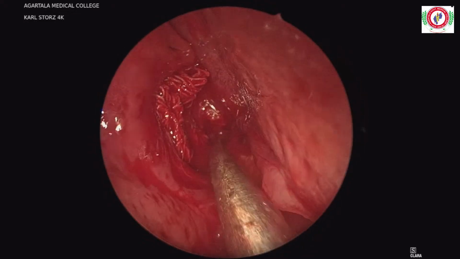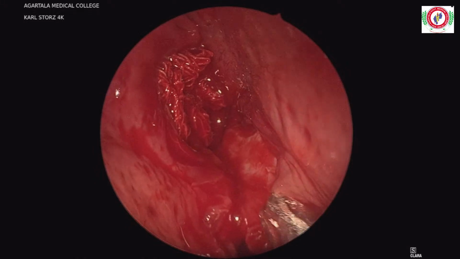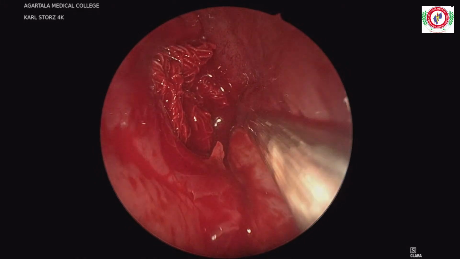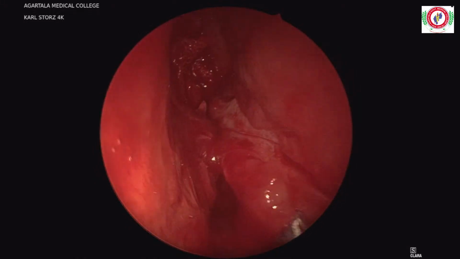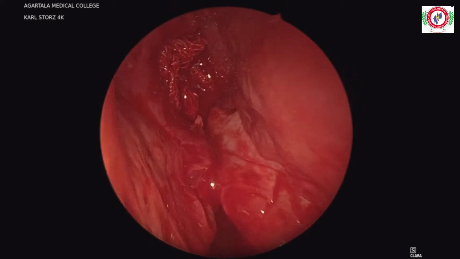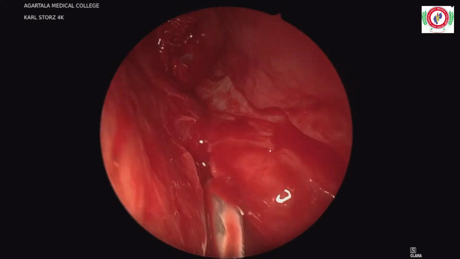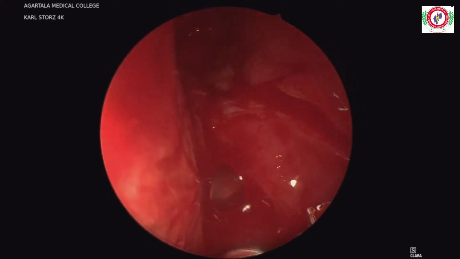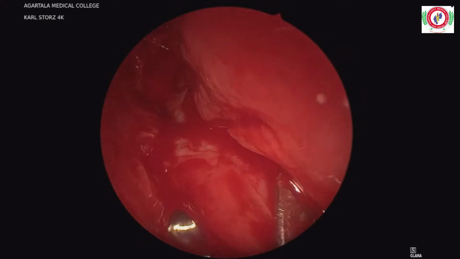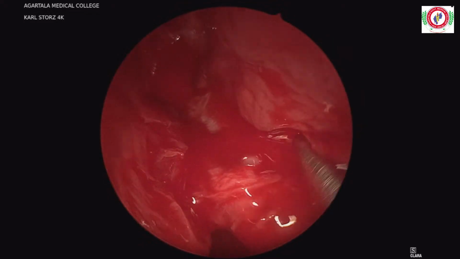Okay, so you mean you don't come anterior to the lacrimal bone. That's what you mean? Pre-lacrimal means anterior to the lacrimal bone or anterior to the nasolacrimal duct up to the pyriform. Okay. So you maintain the lacrimal bone in between. You remove the bone anterior to it and the bone posterior to it, right?